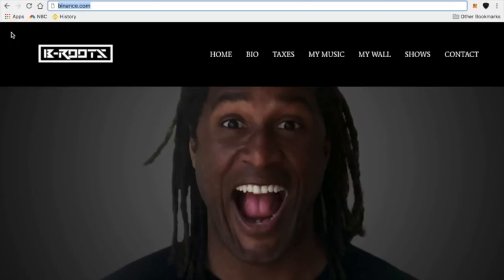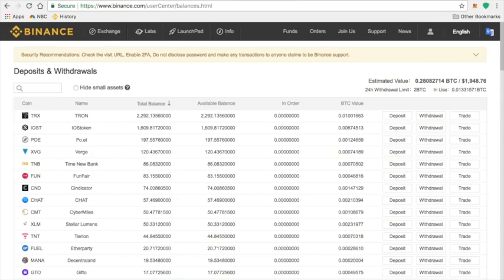So with that said, let's get on to Binance. If you're wondering what Binance is and what makes Binance so great, well, it's easy. They're the largest exchange company for cryptocurrency in the world.